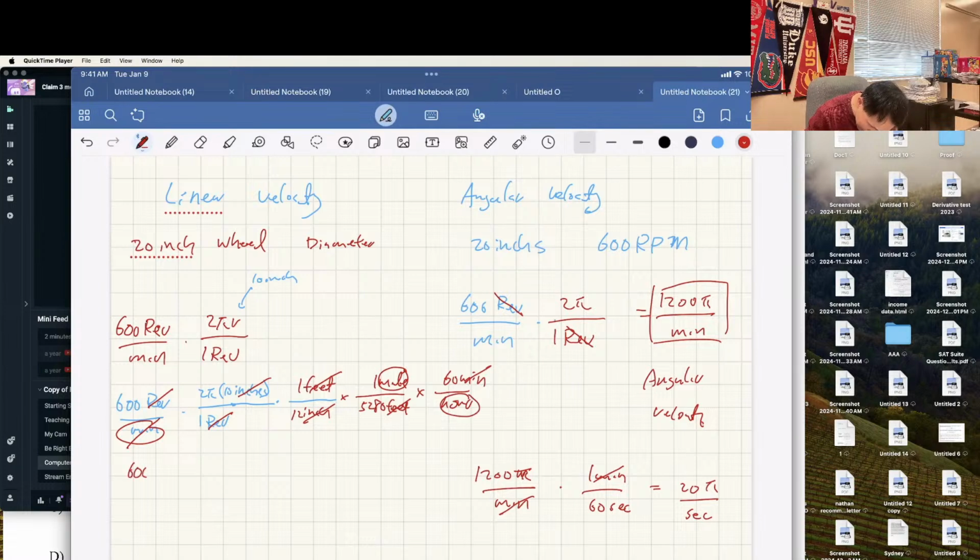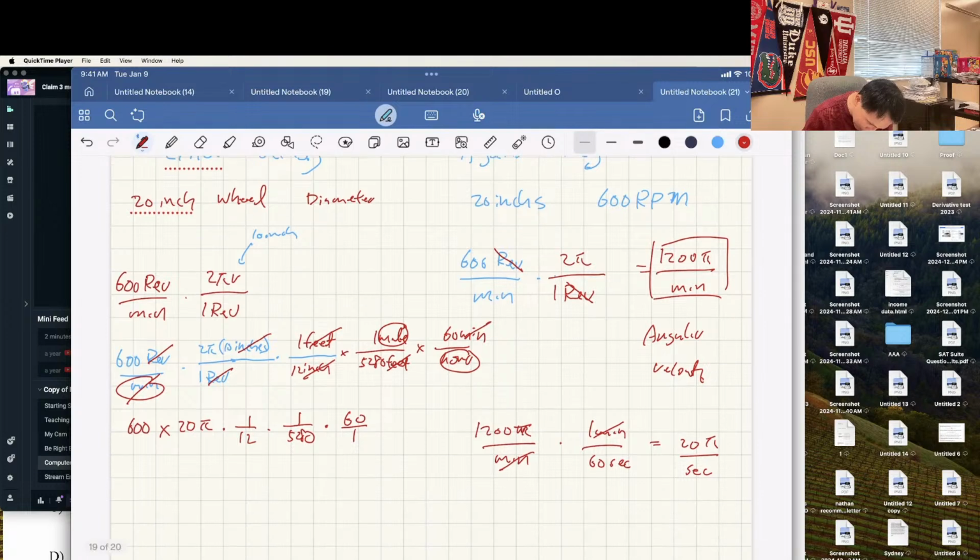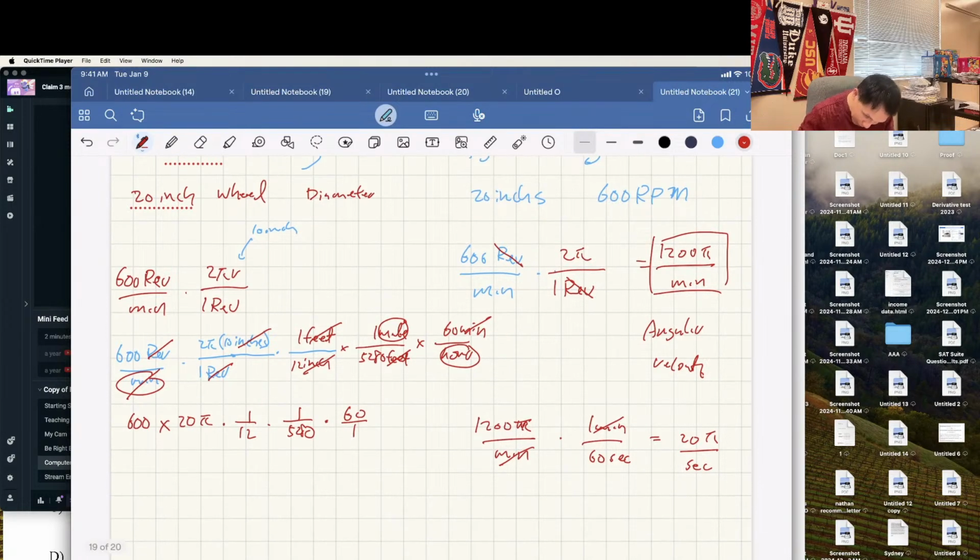So it'd be 600 times 200 pi times 1 over 12 times 1 over 5,280. Huh? 20 pi, sorry. So 20 pi and times 60 over 1. So you can work it out this way.